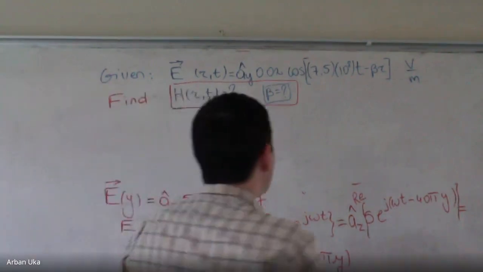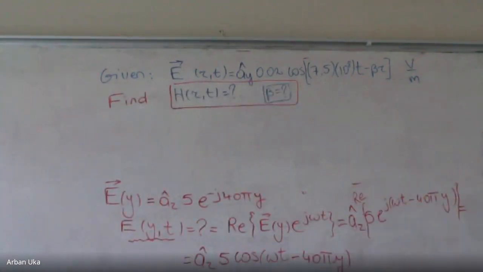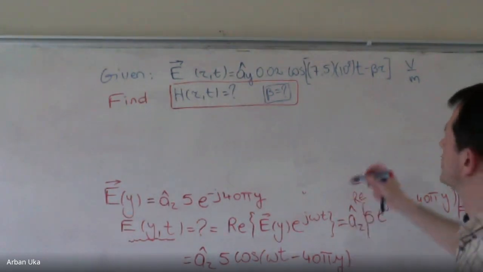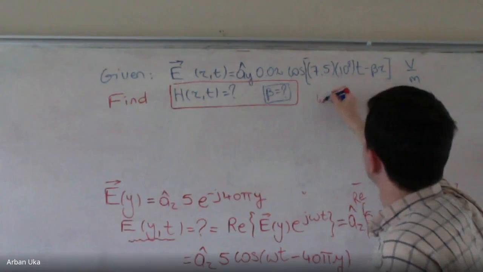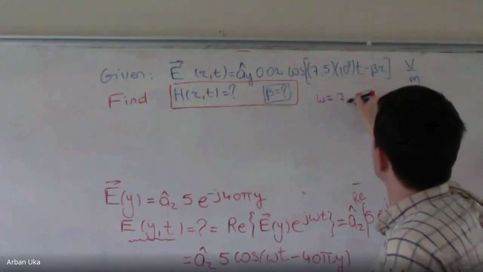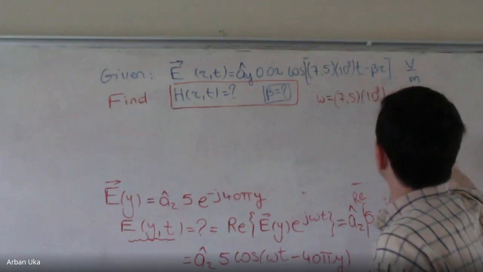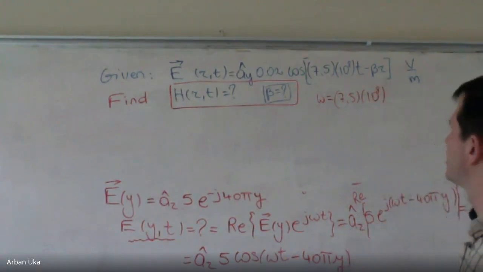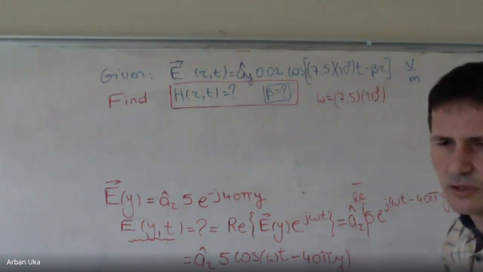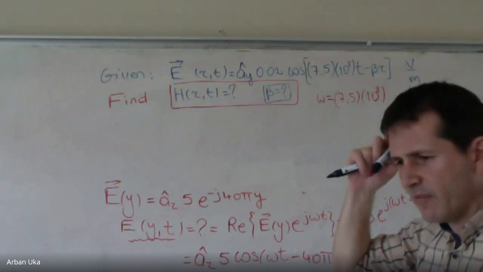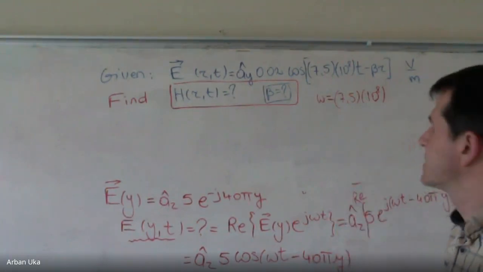Just for our reference, let's list the given information, or the information that we already have, by intuition. First of all, this omega is equal to 7.5 times 10 to the power 8, and the unit of this one is radian per second. Radian is not a real unit, so it does not cancel with anything, but it's hertz, or 1/s.